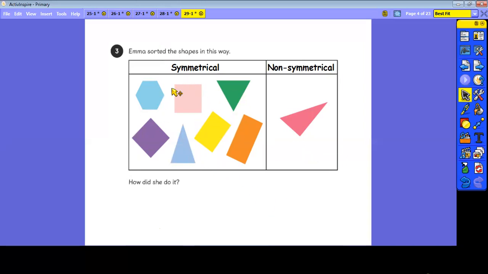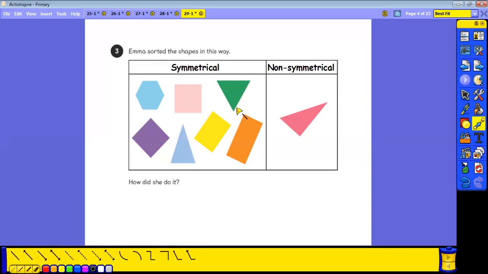In fact, you can fold some of them more than one way, couldn't you? Because they have more than one line of symmetry. I found this new tool here, which I'm going to use to help me draw my lines of symmetry. Okay, here we go.